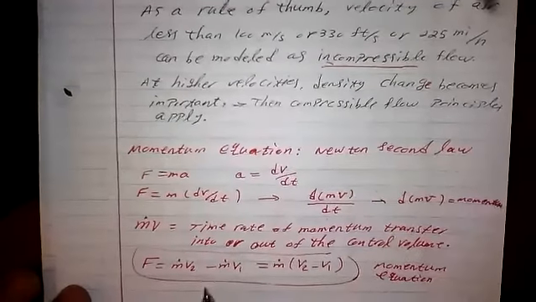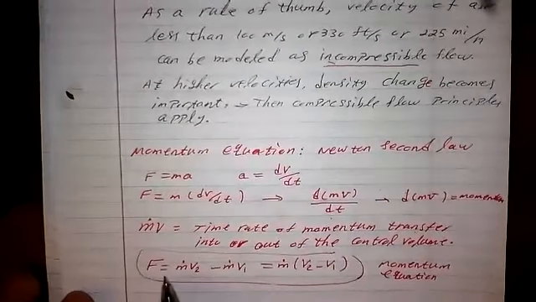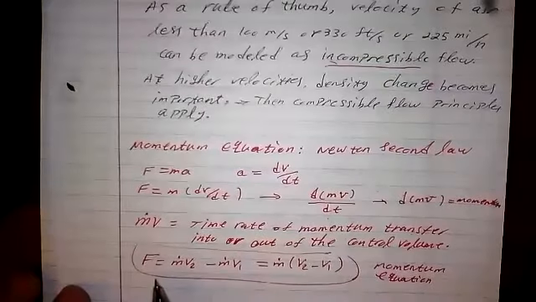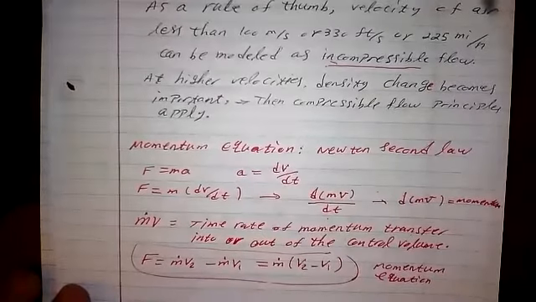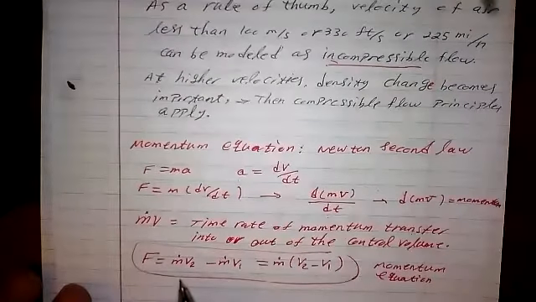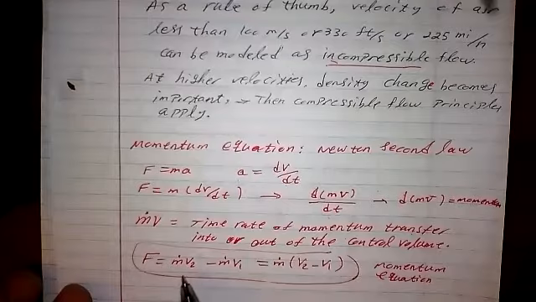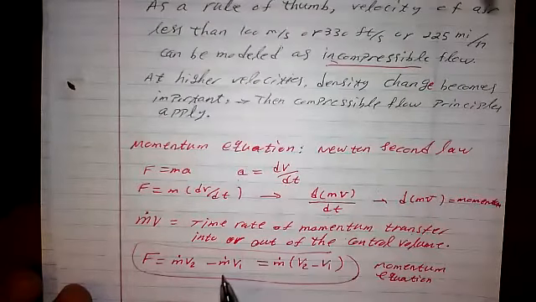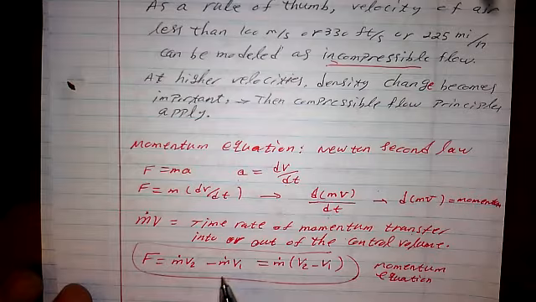Therefore, the momentum equation is written as such, from Newton's second law. So the force equals the time rate of momentum transfer out minus the inlet time rate of momentum transfer into a control volume.